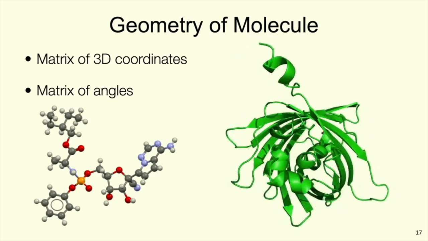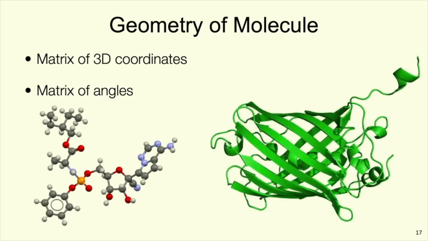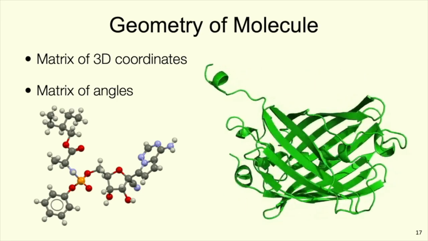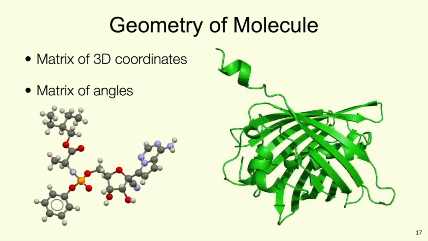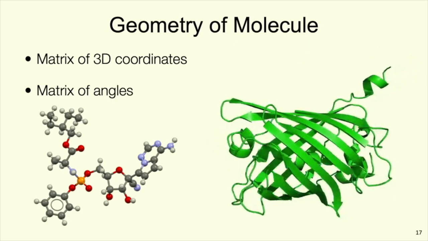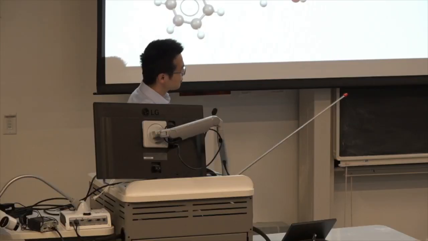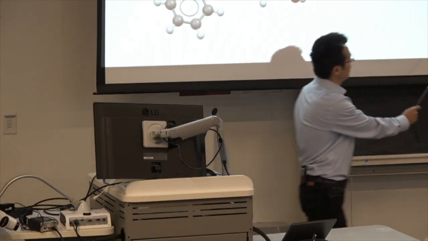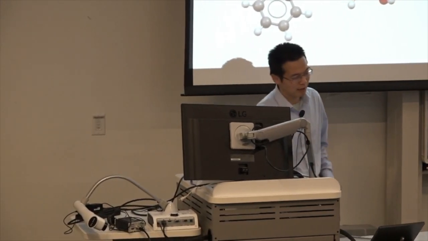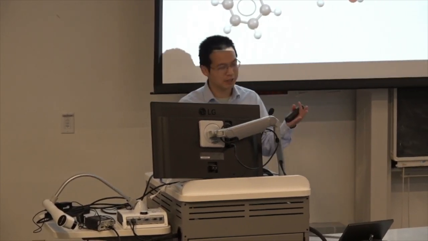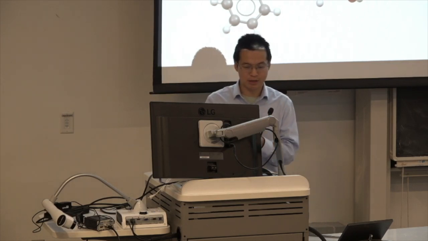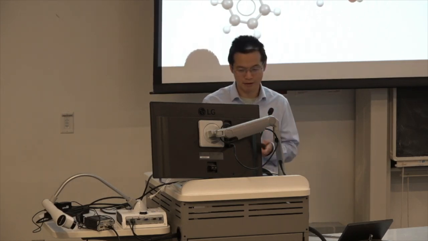So the usual way to represent the geometry is either we represent a matrix of 3D coordinates, or we represent a matrix of the angles between these atoms and the residues. Of course, for protein, it's slightly more difficult because protein has some secondary structure and 3D tertiary structure and even higher order structure.